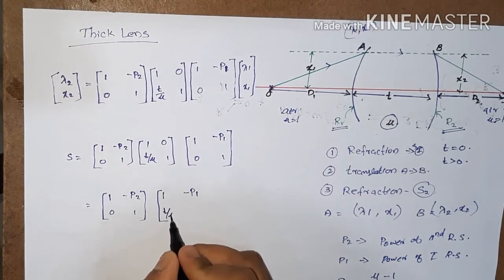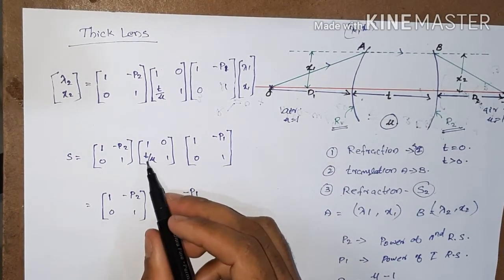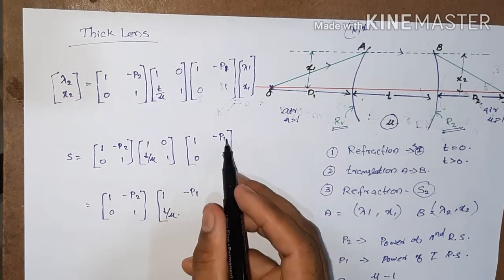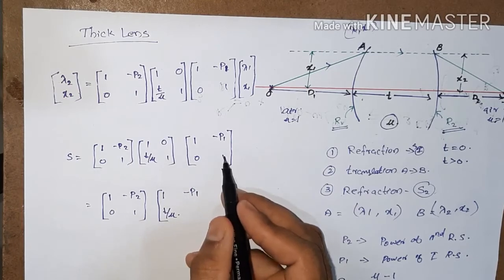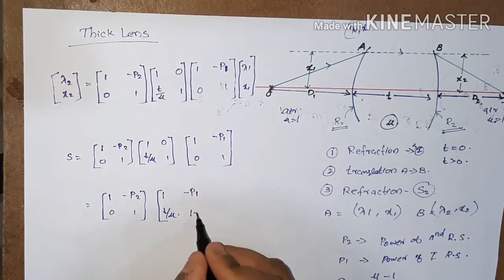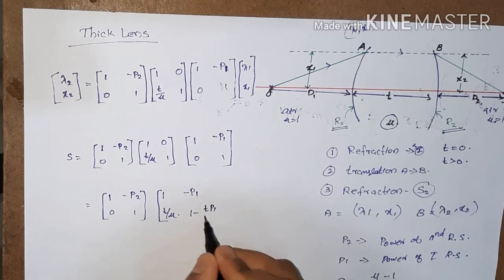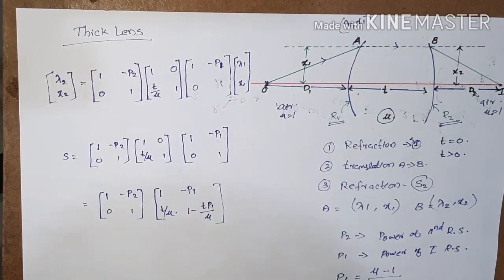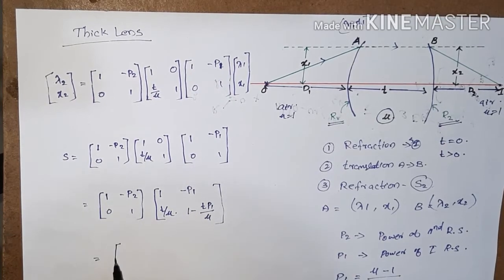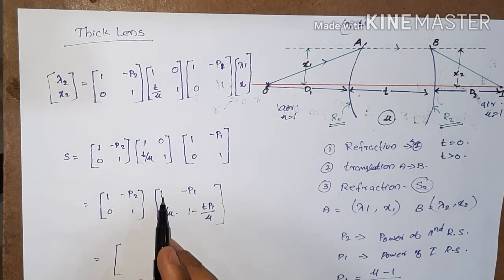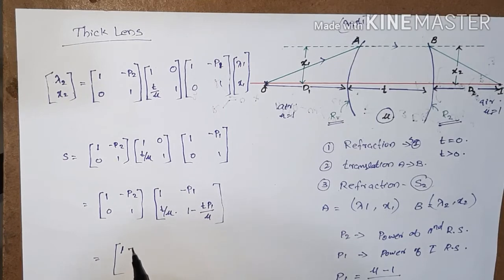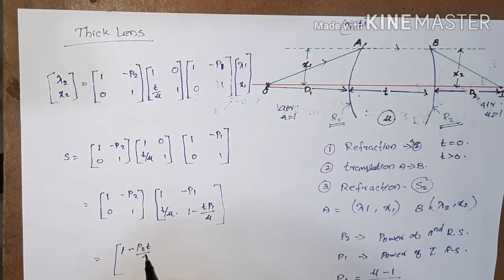And here minus P1 T/mu into 1 is 1, so 1 minus T P1 divided by mu. Again these two matrices are multiplied. 1 into 1 is 1, so 1 plus minus P2 into T/mu is minus P2 T/mu.